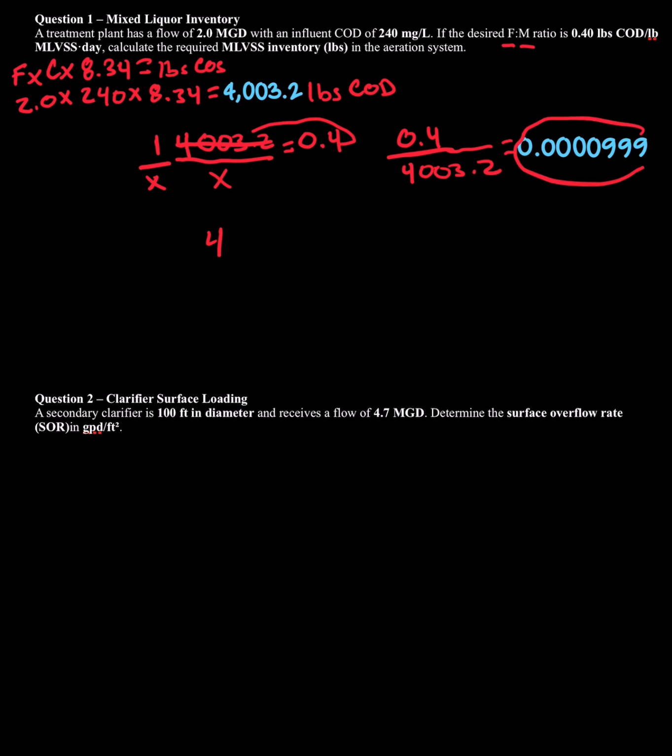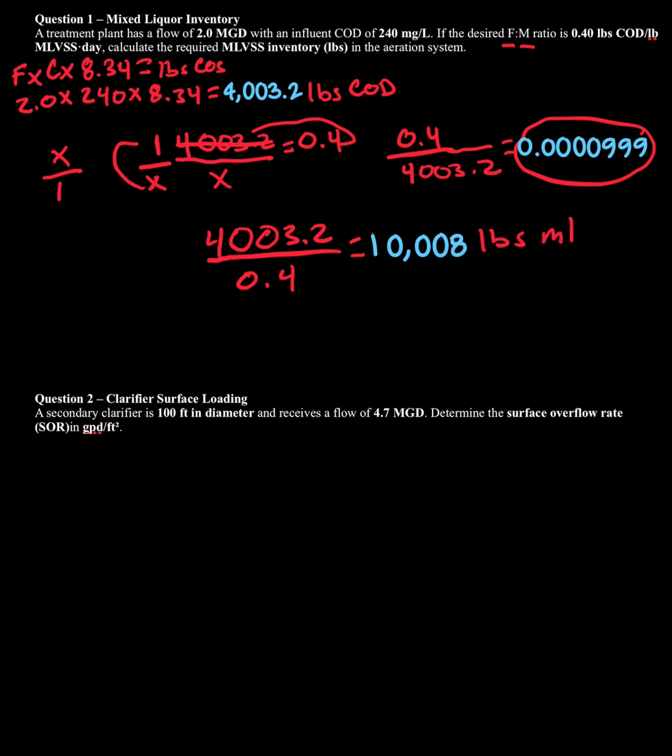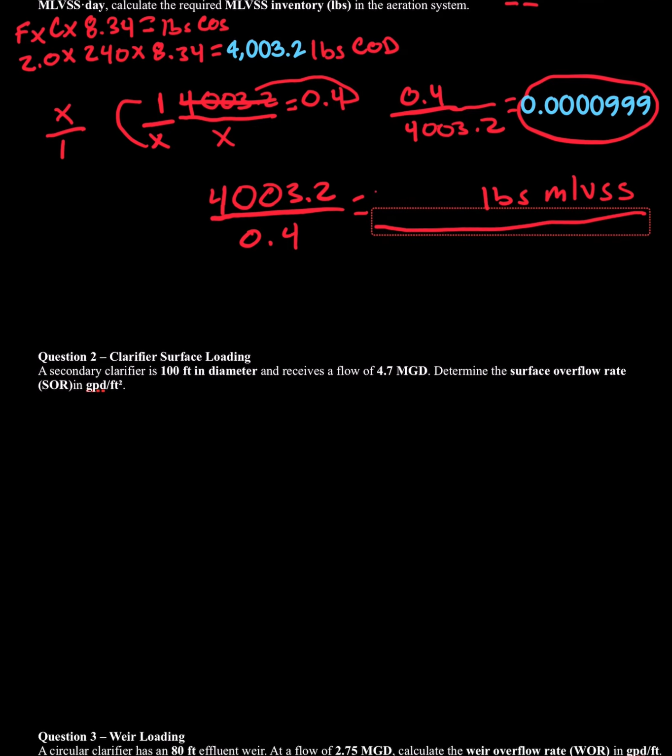So 1 divided by x equals this number right here. But if we flip this around, it'll be x divided by 1. So 4,003.2 divided by 0.4 equals 10,008 pounds of MLVSS, and that's our answer.